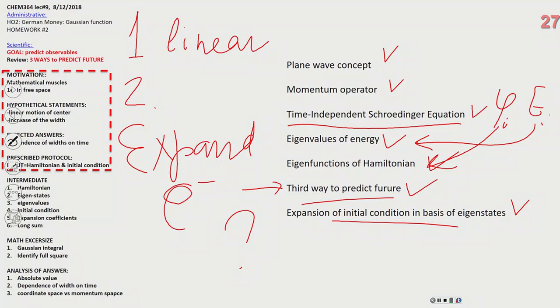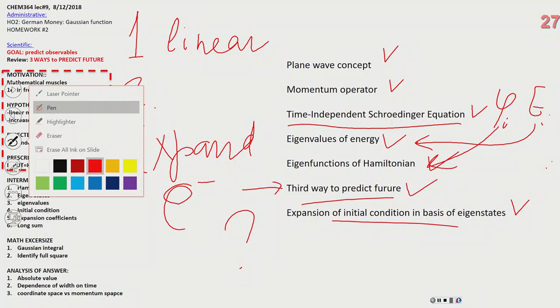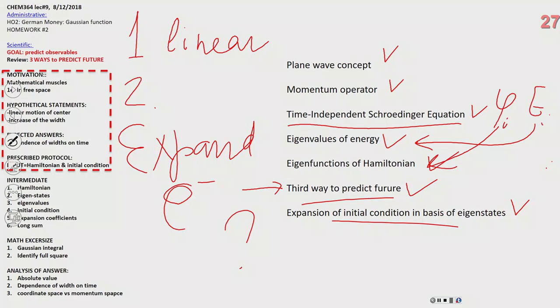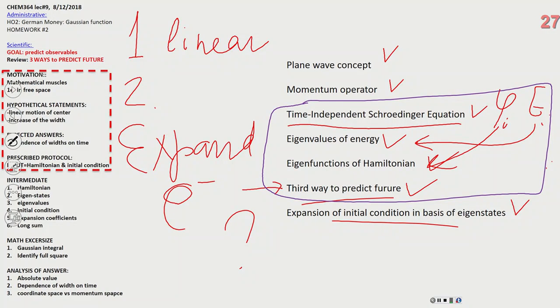So this is kind of clear, and it goes along with what we discussed before. So this part is literally a reproduction of what we did on Monday in class.